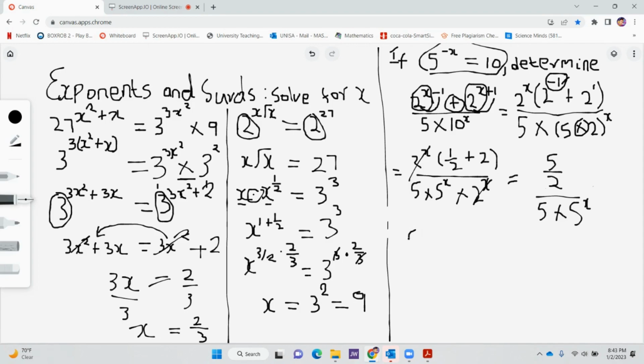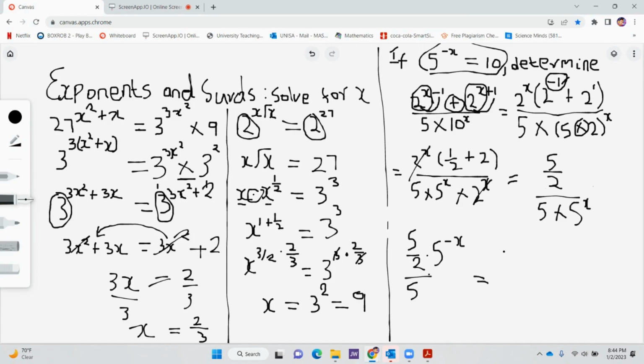So we have 5 over 2. So I'm going to leave 5 in the denominator for now. And I am going to take 5 to the power of x in the numerator, because if it goes to the numerator, then the exponent becomes a negative. It changes sign. Okay. If you take that and you take it to the denominator, then it's going to change sign. It will be a positive exponent. Okay. Just keep that in mind.